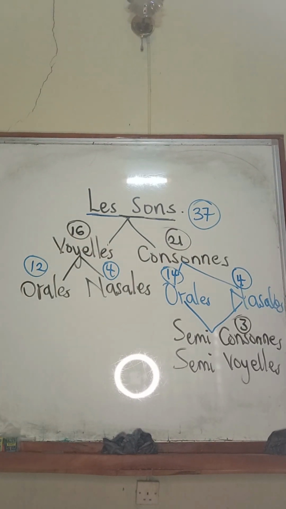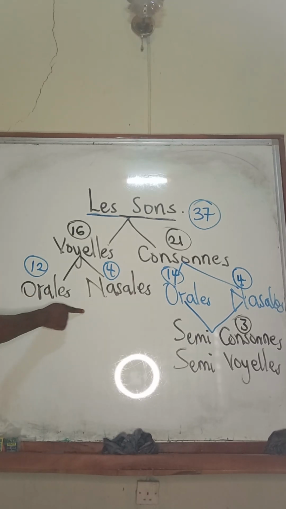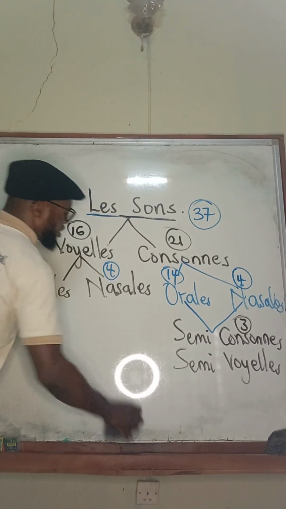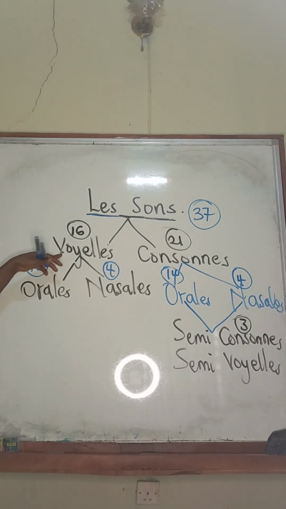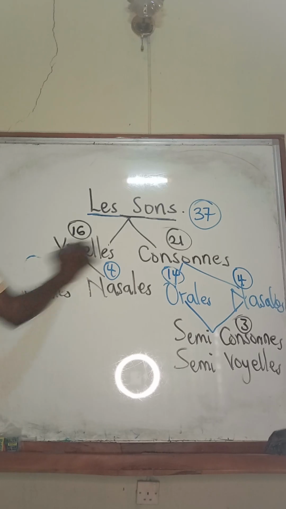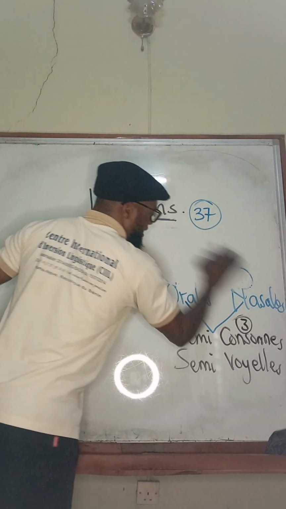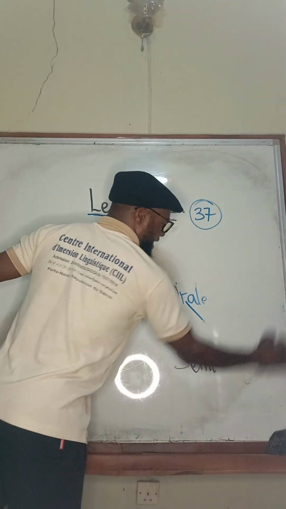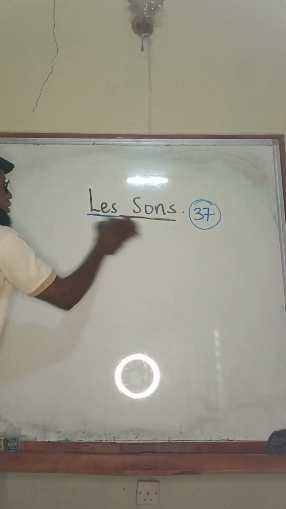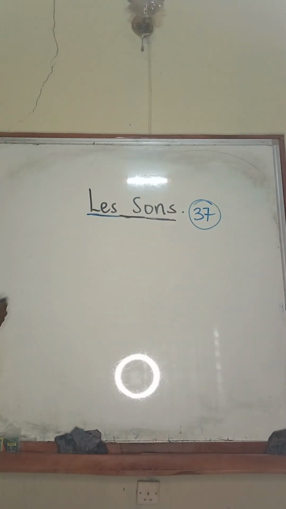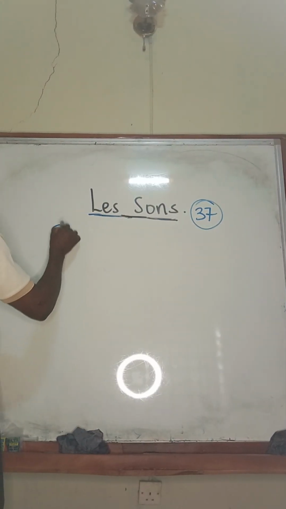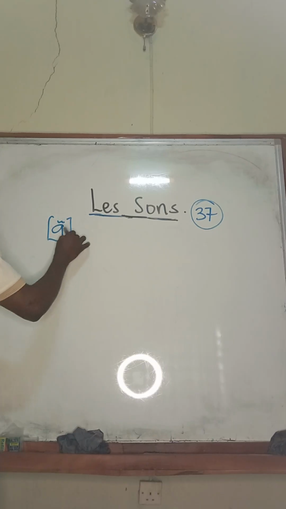Now, in order not to waste much of our time, let's look at these 4 nasal sounds, how they work. Under this vowel, let's look at vowel nasal. We have just 4 in number. So, we have what we call A. Can you pronounce this?